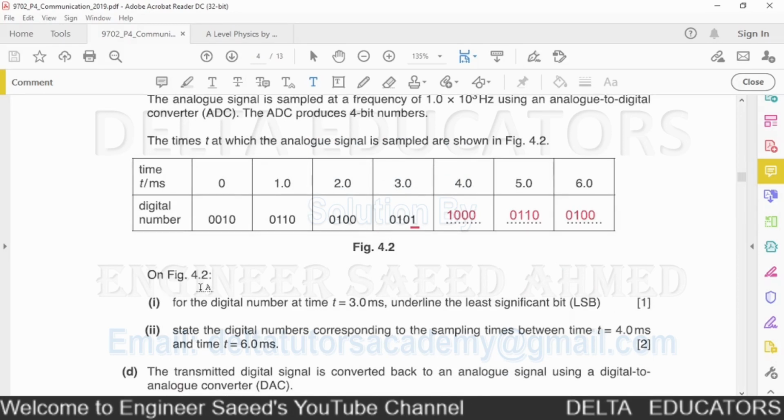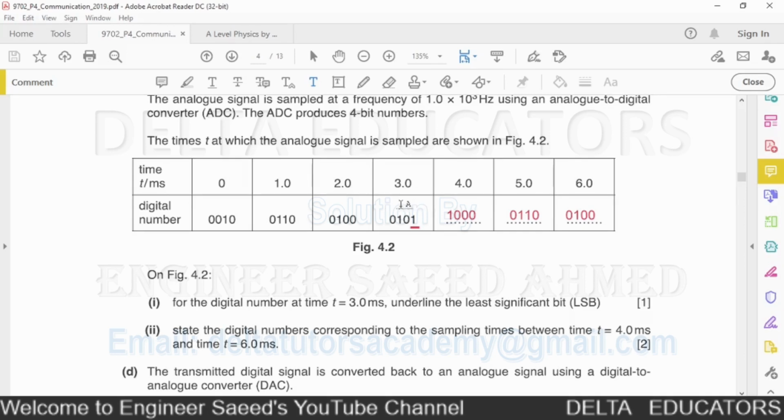On figure 4.2, number 1: for the digital number at time t equal to 3 millisecond, underline the least significant bit. At t equal to 3 millisecond, the digital number is 0101.